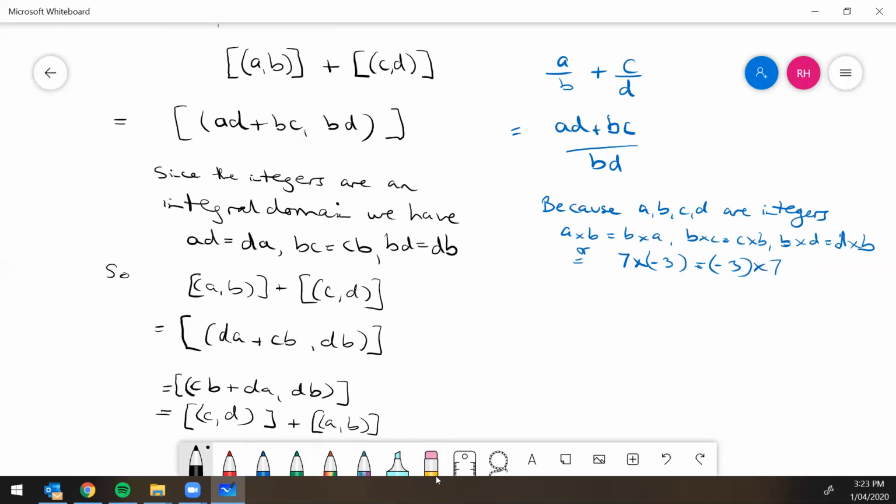So remember when we went up here from this step to this step, we've got to ensure that this is the same as going from this step. So the A goes there, the C goes there. The B goes there and there. Oh, sorry, the D. What are we doing here?